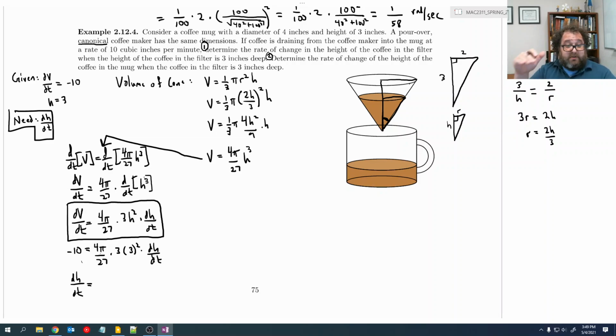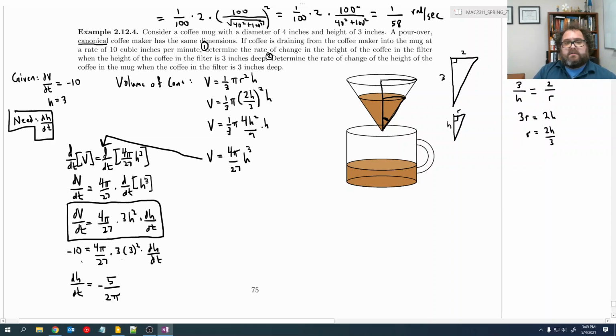There's supposed to be a pi on the bottom, and I want to leave that alone. So we're going to divide by 4. Then we're also going to divide by 3 times 3 squared, so divide by 27 as well, and we get negative 5/2, and then there's that pi on the bottom.